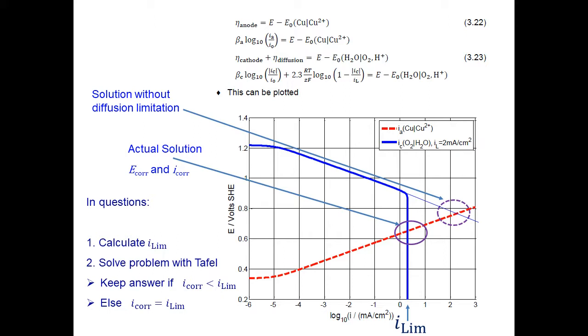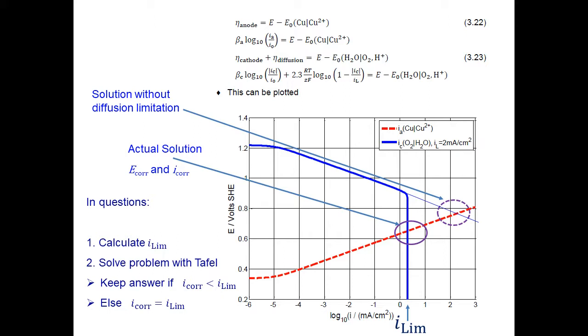If you wanted to solve this algebraically, what you could do instead is, number one, note that in this question you've just been told the diffusion-limited current density is 2 milliamps per centimetre squared for oxygen. Then you could solve the problem using the Tafel limitation alone, the question which we've already done in example 3.6.